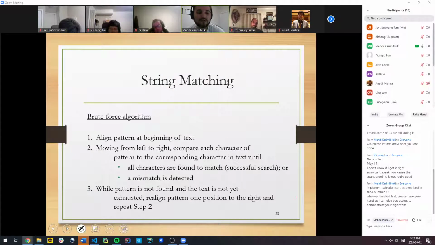So the brute force algorithm says align pattern at the beginning of the text, right? Moving from left to right, compare each character of pattern to corresponding character in text until all characters are found, right? So we keep doing that. I just showed you how to do that. Or if a mismatch is detected, while pattern is not found and the text is not yet exhausted, realign pattern one position to the right and repeat step 2.